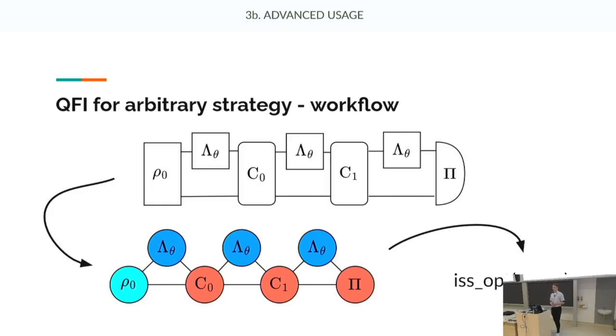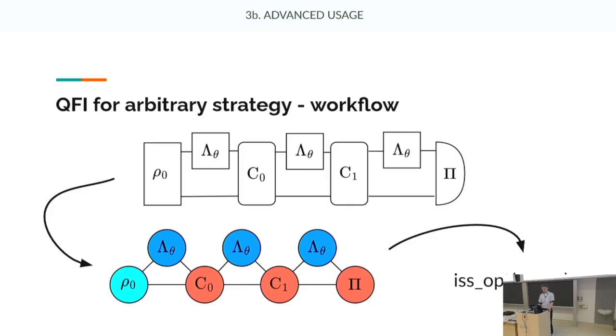And in this tensor network, we need to denote that some of the tensors should stay constant, that they shouldn't change during the optimization. Here I colored them blue. And that some of them are variable tensors, so they should be optimized over. And when we have such a network, we just need to plug it into a function ISS_opt and run it.